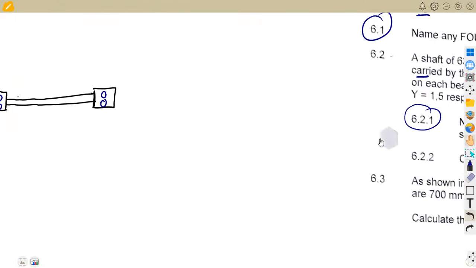We are supposed to have a proper diagram, but I'm just going to have a sketch in this case, connected to the other one on the other side. Let's just hope it is going to be clear enough.